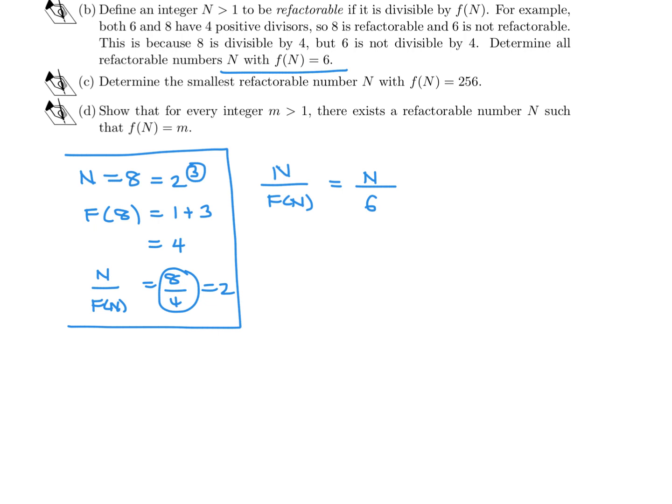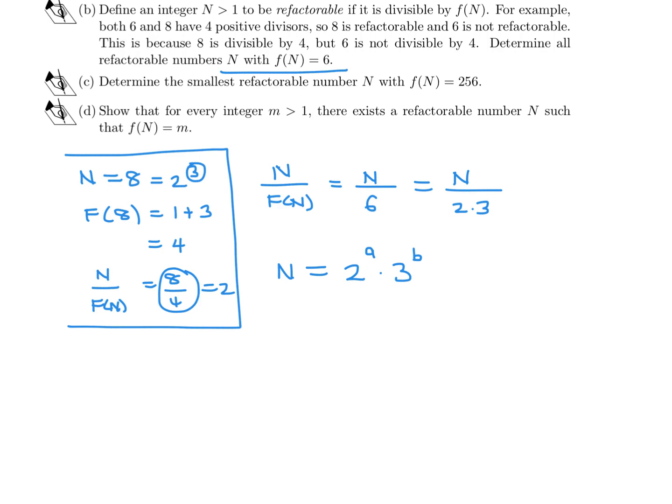Okay, that's a start. Now, 6 is 2 times 3, right? So that means n has to be divisible by both 2 and by 3. So n must equal some power of 2 and some power of 3. You see how I got that there?